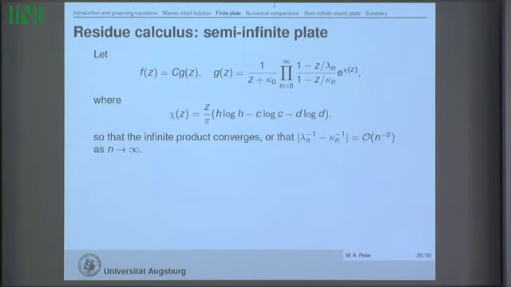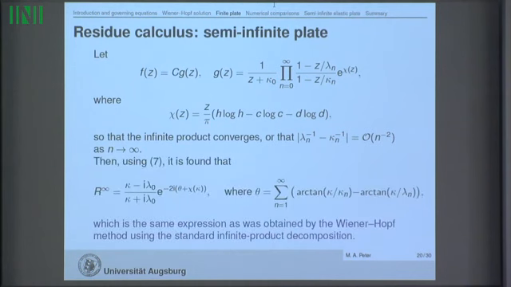So what I do is I look at my f, and I write it as an infinite product decomposition because I know all the roots, and I can make sure that the infinite product converges. This is slightly tedious, but I think also in this community rather well known. And then if I go back, I find that this R infinity is precisely this expression here, where the phase theta is given by this sum.